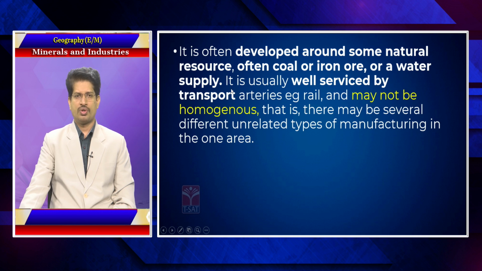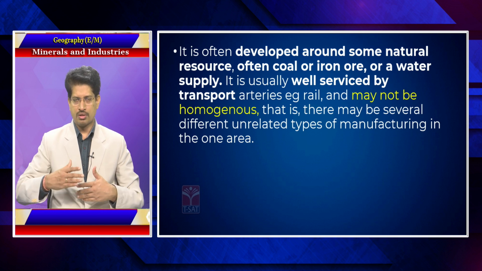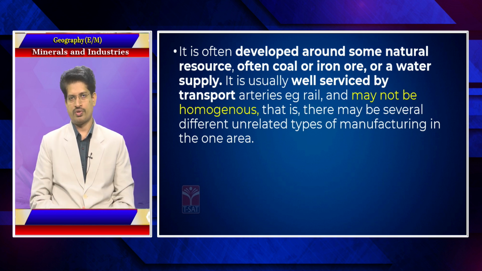It is usually well served by transport. If you have a good transport line like railways, roadways or waterways, a channel of transportation for marketing the processed goods, the probability of establishing an industry will be there if you have infrastructural facilities.